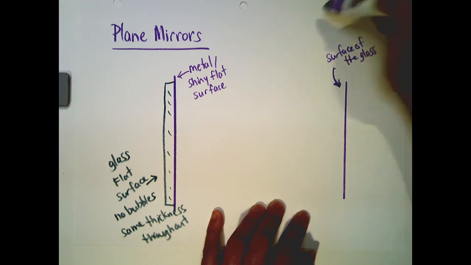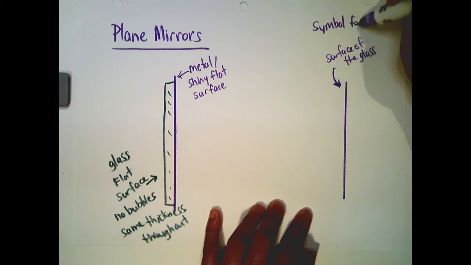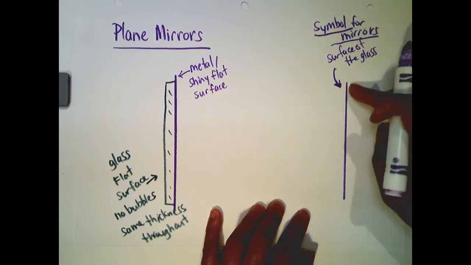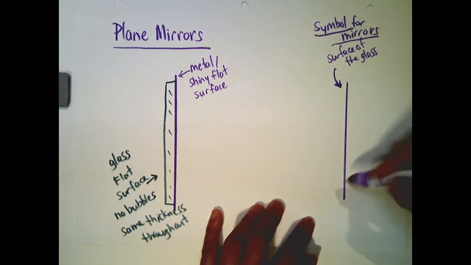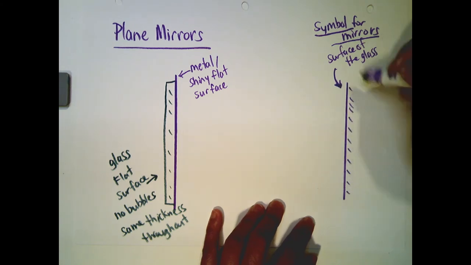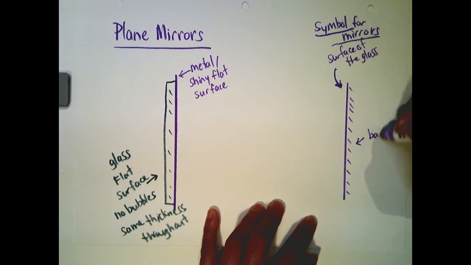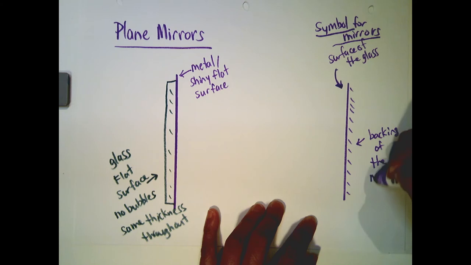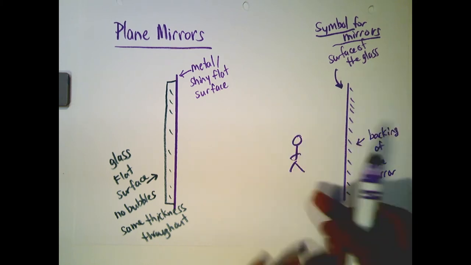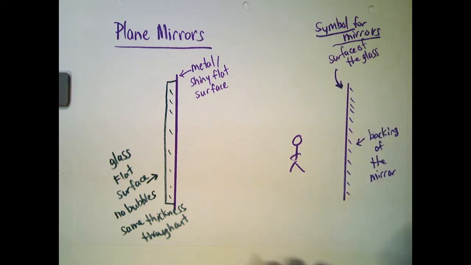So this here is the symbol for mirrors. This is the surface of the glass, and this part here is the backing of the mirror. And you would stand here and see your reflection in the mirror.